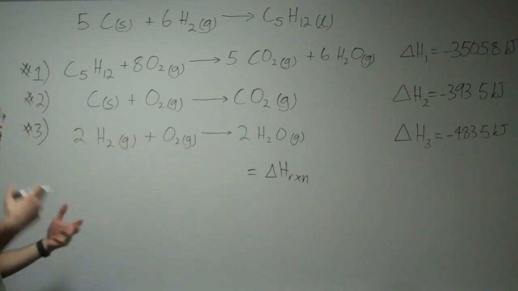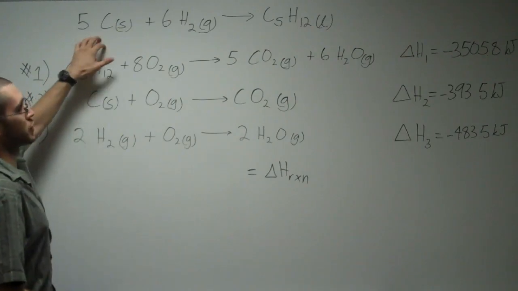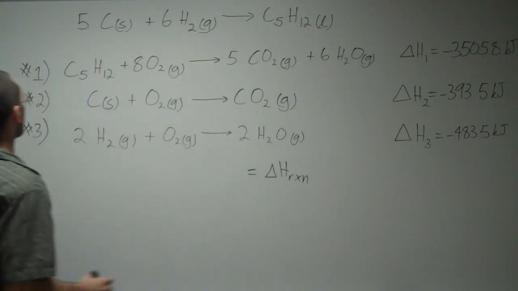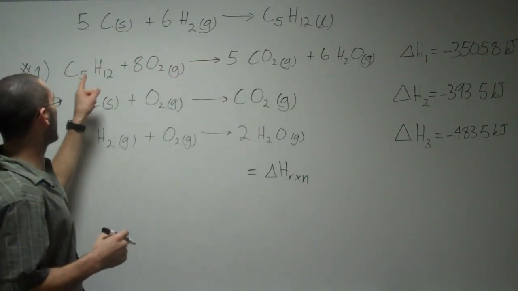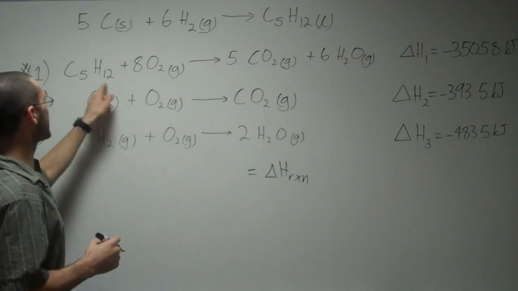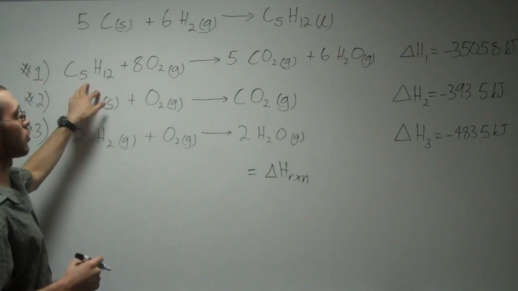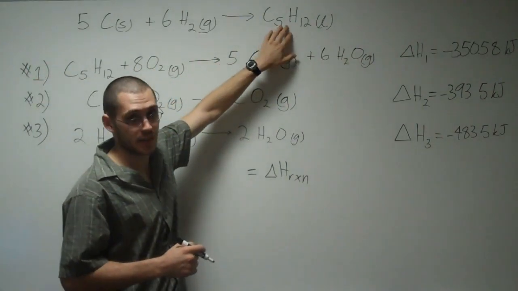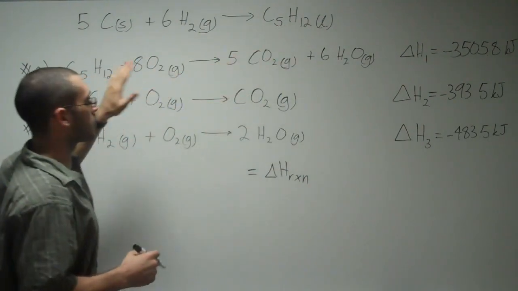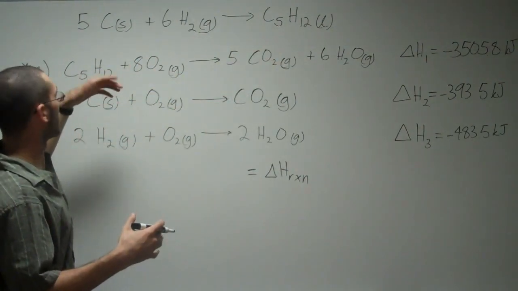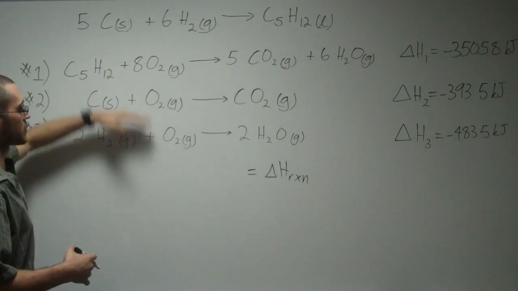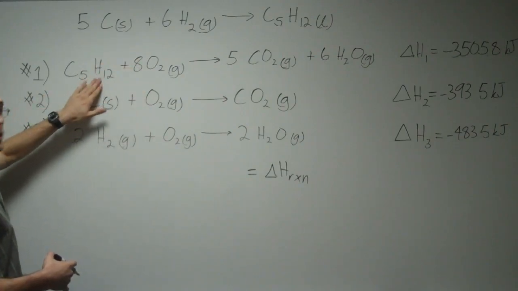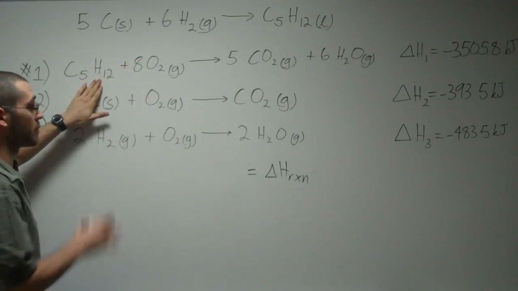Flip them back and forth, multiply them by certain numbers, in order to construct this basic equation. Let's go. I see I have a pentane in equation number 1, and I have a pentane on my product side. The best way to go about doing these problems is to find what is rare within the equations you're given. Pentane only appears here in number 1, so I'm going to mess with that first.